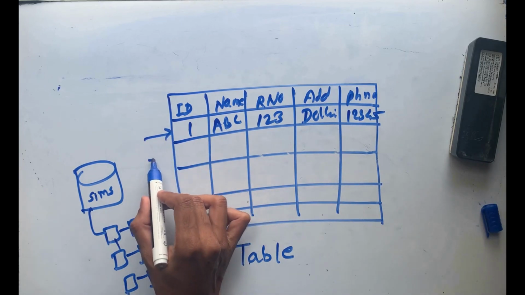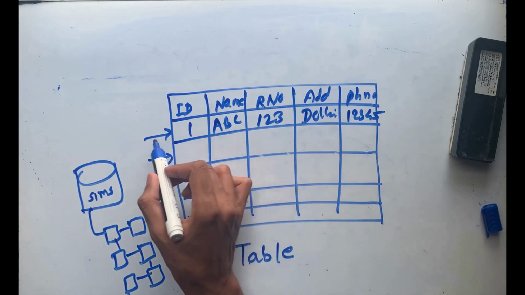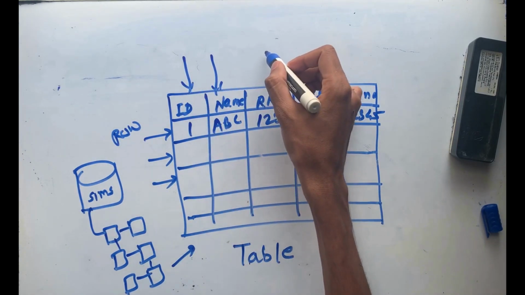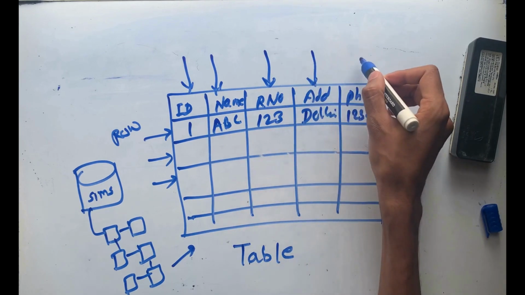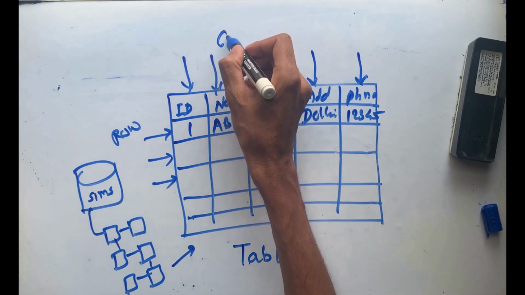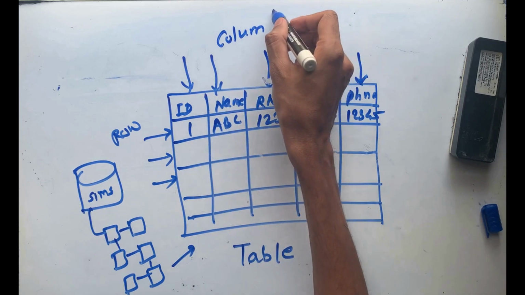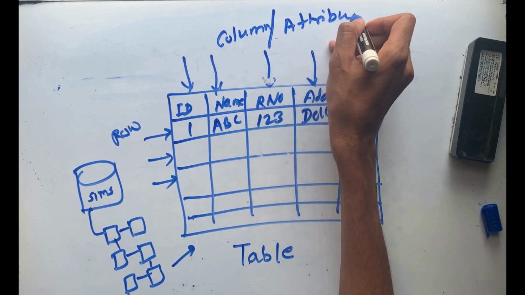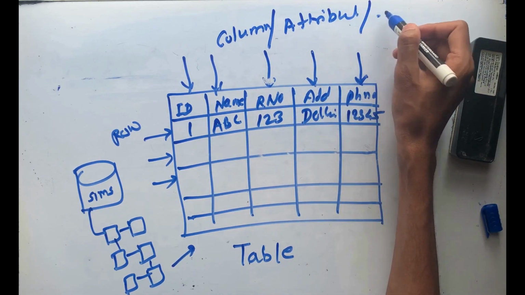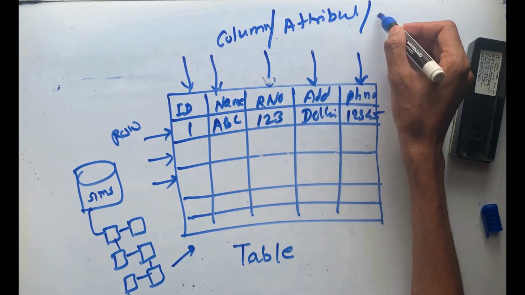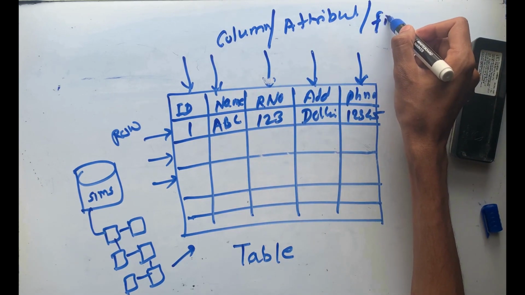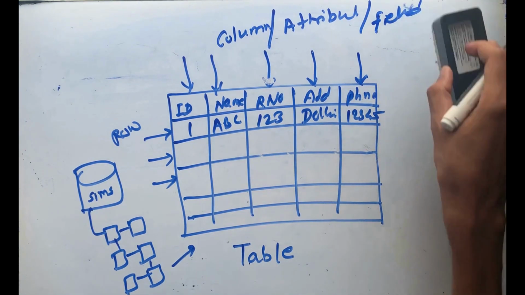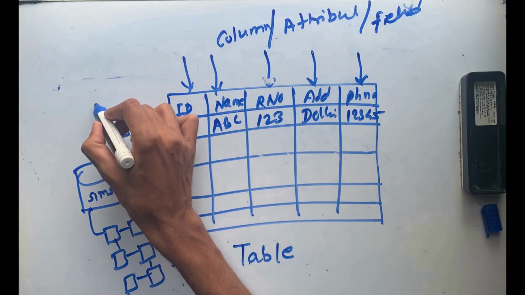So this information is nothing but the row, and this information, meaning ID, name, roll number, address, phone number, is the column, or we can say attribute, or field, and this is the row or record.